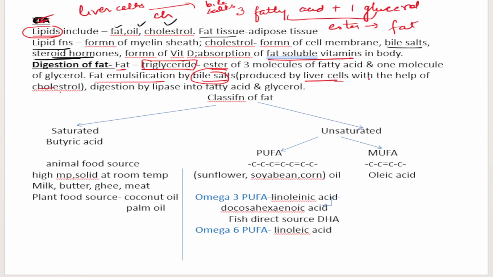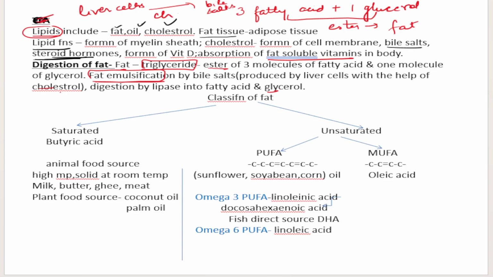These bile salts emulsify the fats, and after the emulsification of fats, the final stage is the digestion of fats into fatty acids and glycerol by a fat digesting enzyme known as lipase.